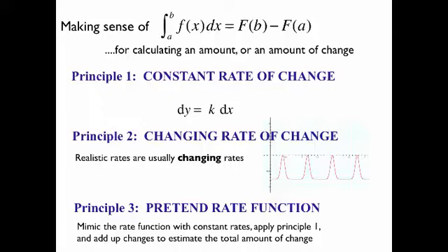And we said that we can represent adding up the changes with the summation notation. Summing up a bunch of k delta x's to get the total amount of change. So a pretend rate function.